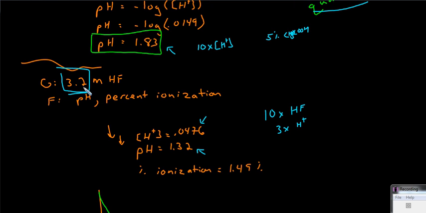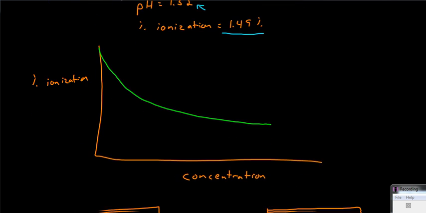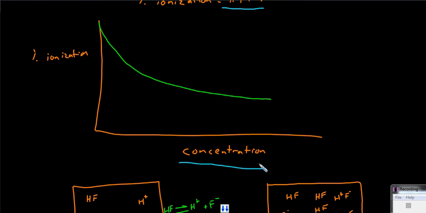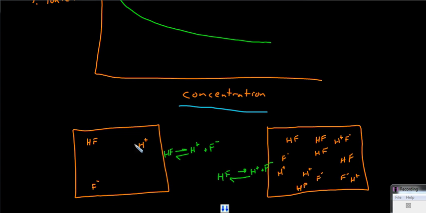Having much higher concentration of HF, our percent ionization is actually much lower than in the previous case where it was 5% ionization. As you have an increasing concentration, your percent ionization decreases. This is because if you have a very low concentration of your acid, the dissociation of HF is unaffected by the concentration of other HFs, but the combination of H and F to give us HF is affected by the concentrations of nearby H's or F's.